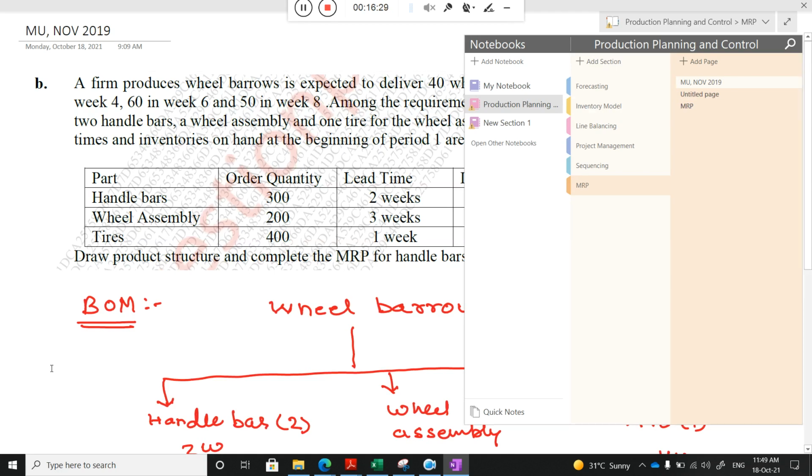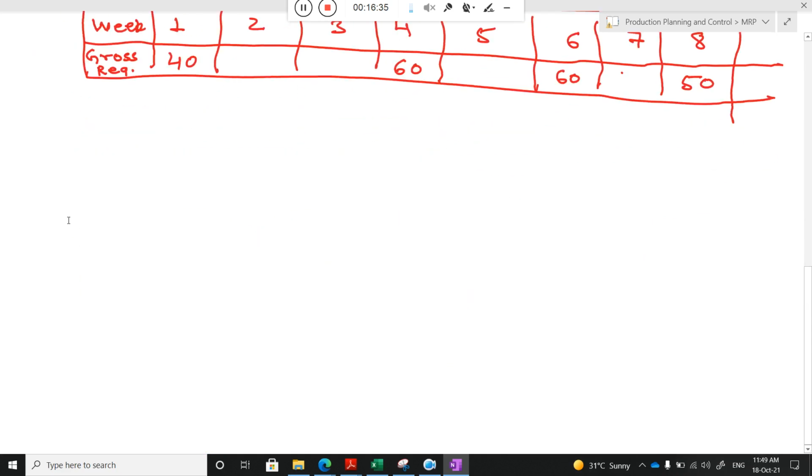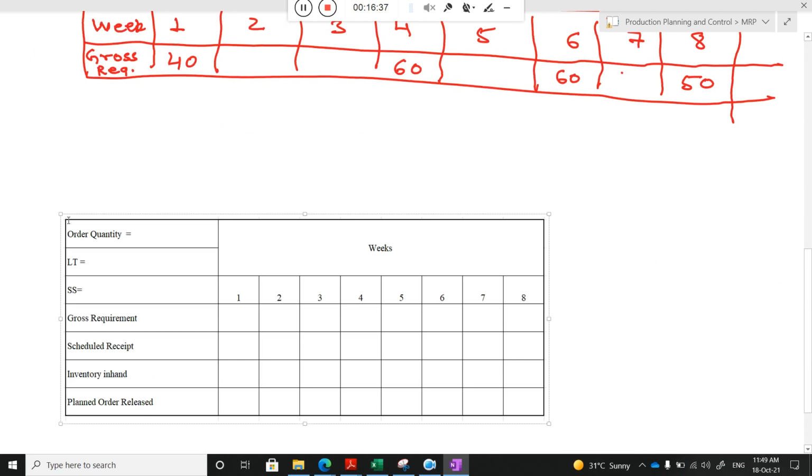Okay, so now we have all three inputs. Now I try to draw the MRP for handlebar. So this table, is it visible to all, or do I need to zoom?